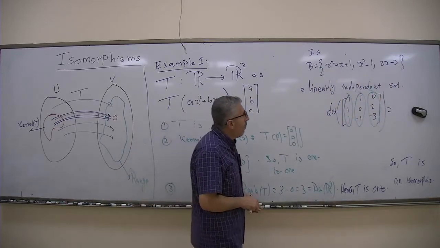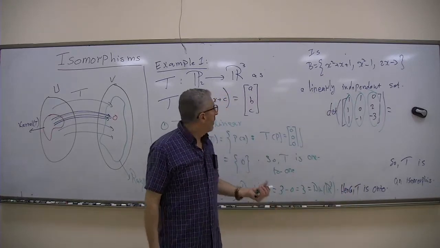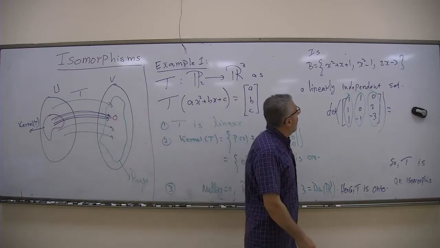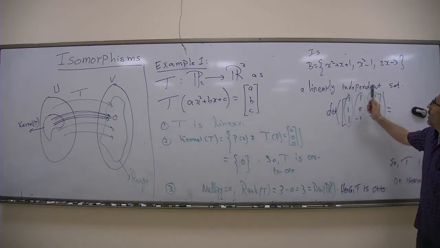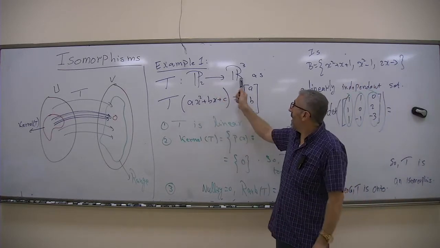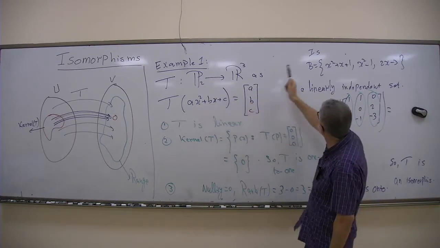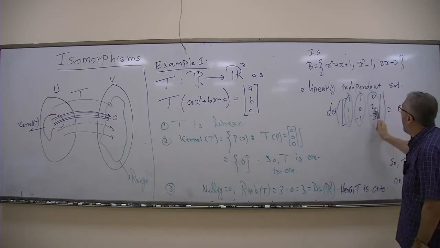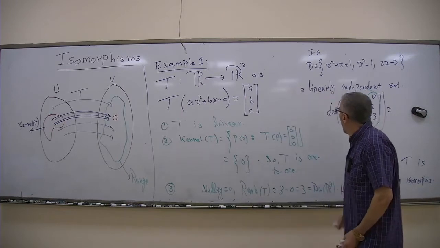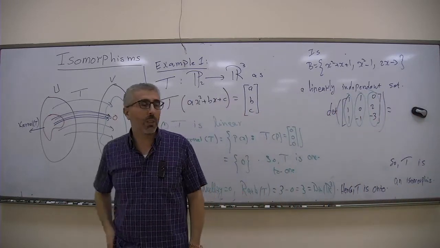The reason you can do that is because this and this are isomorphic, and here is the isomorphism. So the right way to do it, if you want to use this to check whether they are linearly independent or not, is to first say that because this and this are isomorphic, and this is the isomorphism, instead of those, we can take those vectors and check whether they are linearly independent or not. Okay, so that is the right way to give a complete justification for what you are doing.